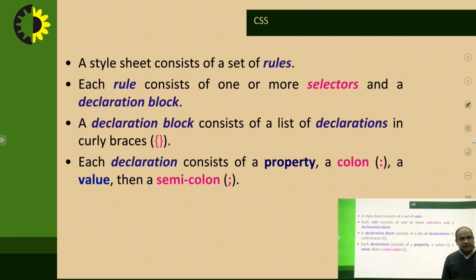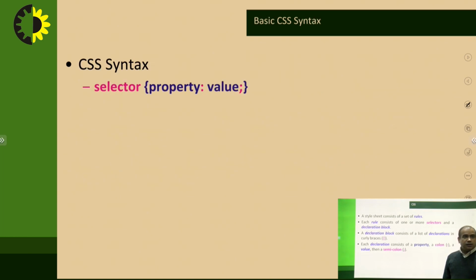Each declaration block consists of a list of declarations in curly brackets. Each declaration consists of a property, followed by a colon, then the value of that particular property, and a semicolon is optional. That is the syntax for CSS.